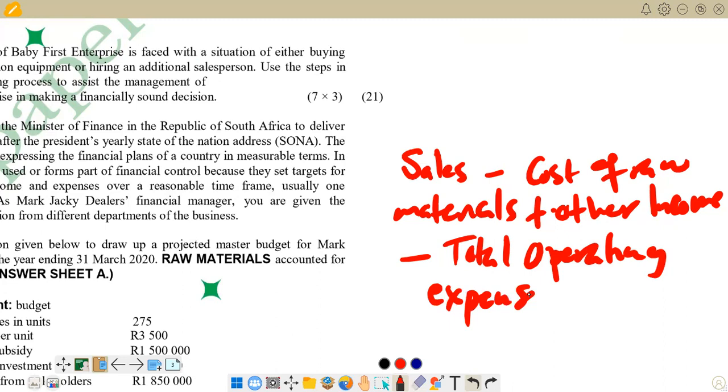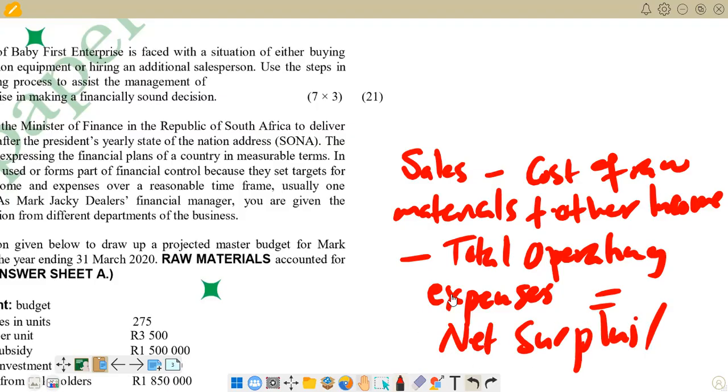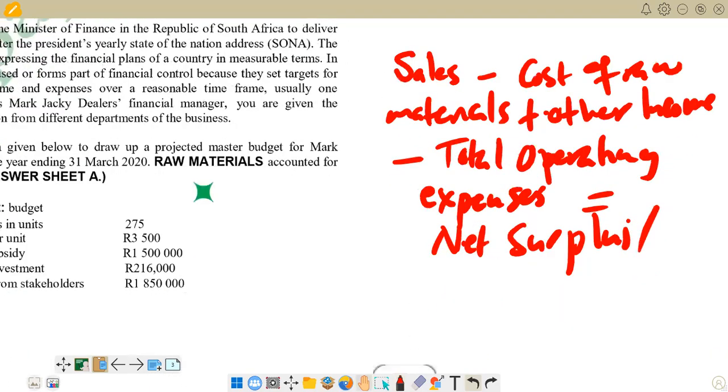After subtracting the total operating expenses, the figure that you get at the end of this budget is the figure that we will be trying to find out. We are going to have a net surplus or deficit.